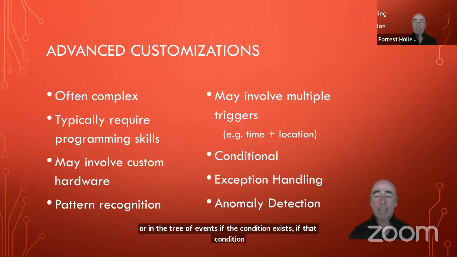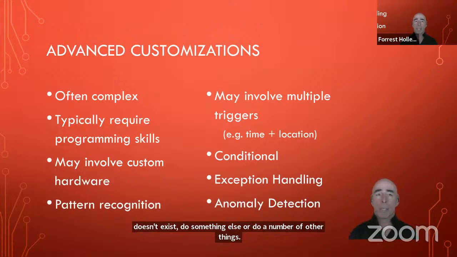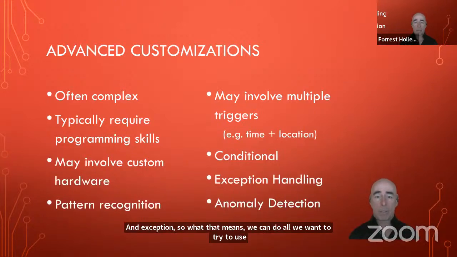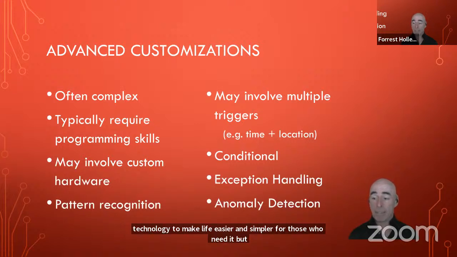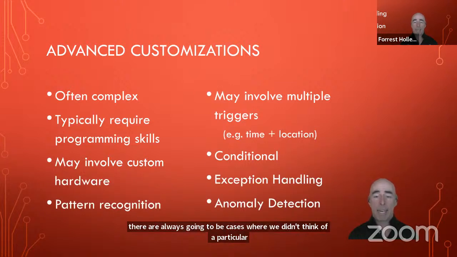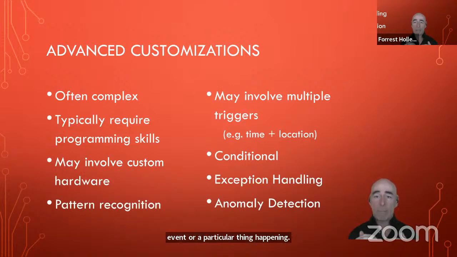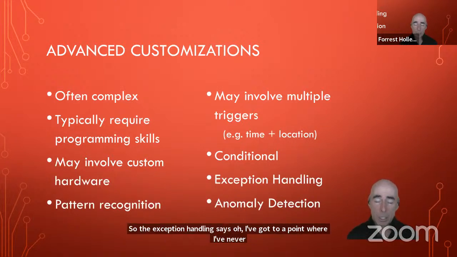And then exception handling. So what that means is we can do all we want to try to use technology to make life easier and simpler for those who need it. But there are always going to be cases where we didn't think of a particular event or a particular thing happening. And so the exception handling says, I've got to a point where I've never seen this event or this situation before.